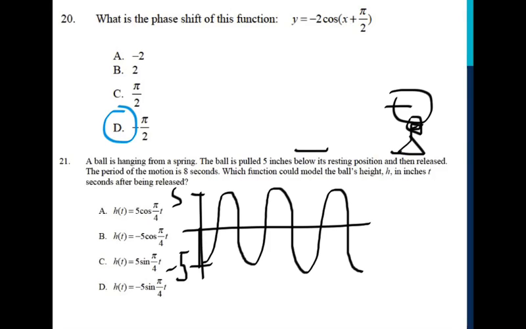Sine always starts at the midline, so I know it's not sine. If it were sine, it would have to start right here. That's not the case, though. So I can cross out C and D because they're both sine. Positive cosine starts at a crest. Negative cosine starts at a trough. So without even figuring out using this 8 seconds, like you don't even have to use the period, you know that your answer is B.